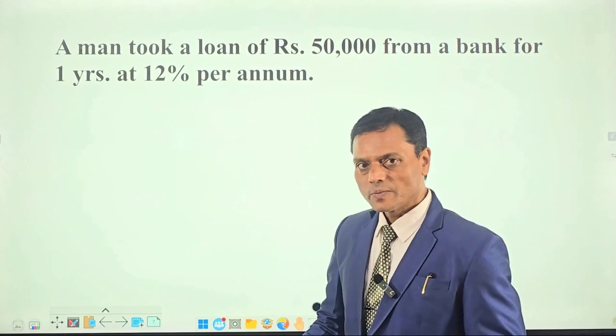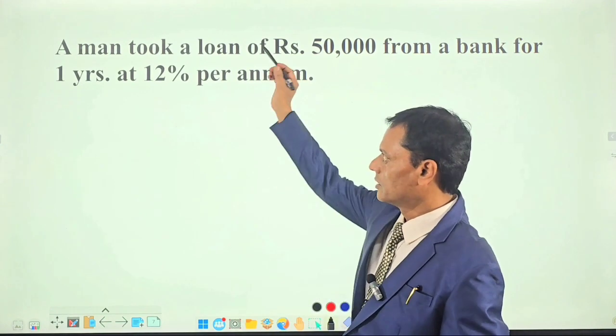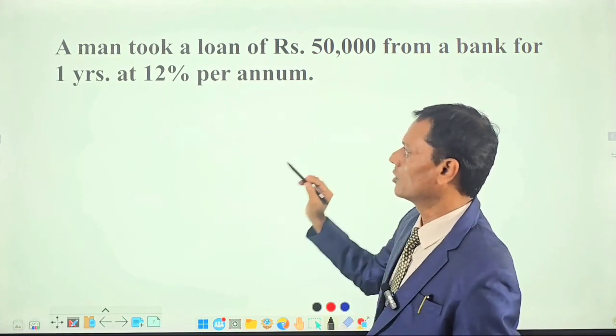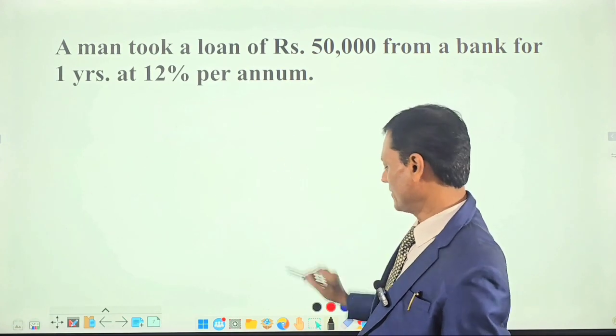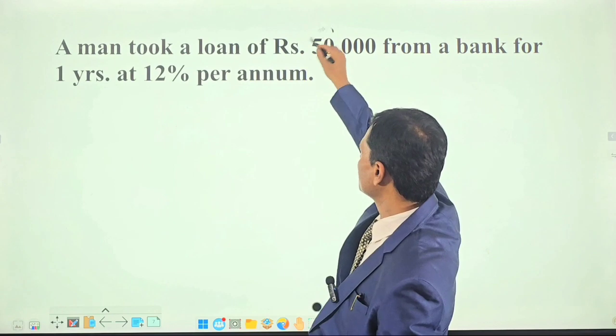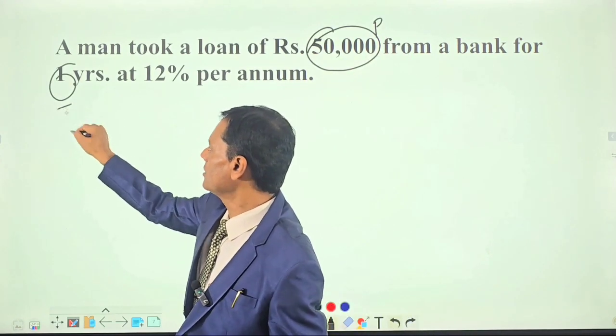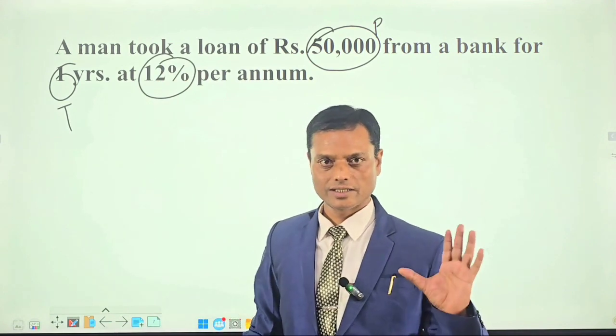Now let's find the simple interest under this condition. So a man took a loan of rupees 50,000 from a bank for 1 year at 12% per annum, right? So obviously this is P, that is time, T, and that is your rate, correct?